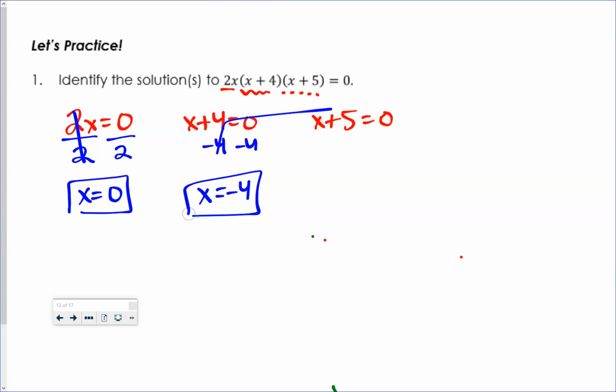That could be a solution. And then the last one over here, we have negative 5, which gives me x is equal to negative 5. So this one actually has 3 possible solutions because there were 3 possible places to make it equal to 0. Okay, so however many factors there are with a variable, we should get that many solutions.